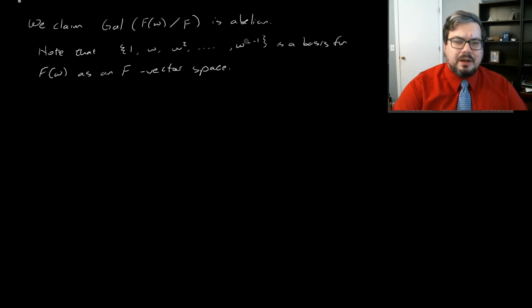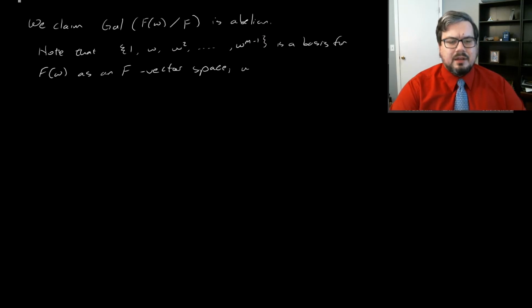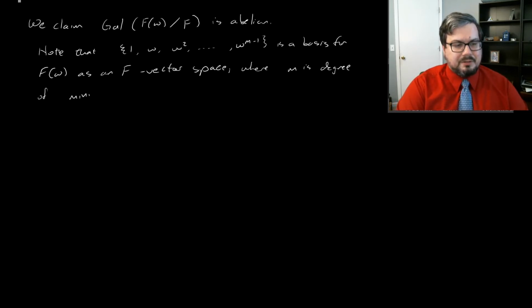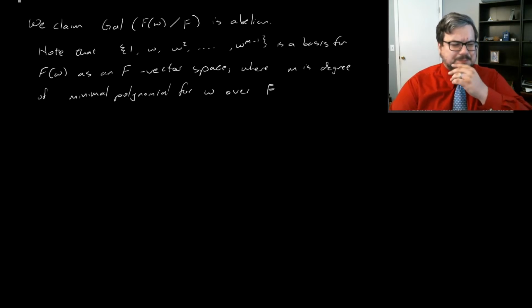Sorry, we don't want k here. We want m here, where m is the degree of the minimal polynomial for omega over F, which might be less than k.